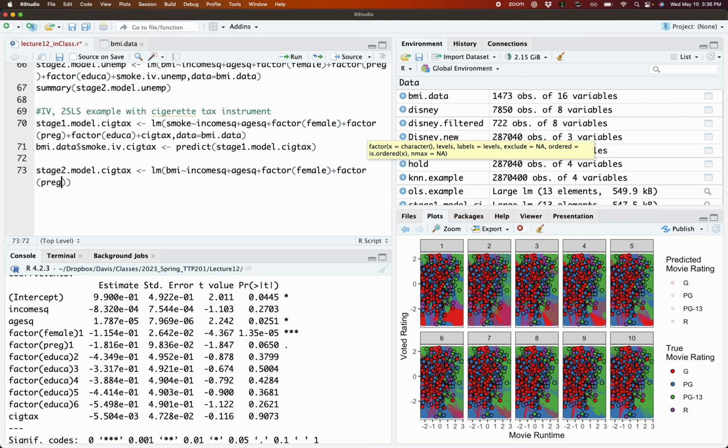The effect of cigarette tax on someone smoking does cause them to go down, but it's very insignificant based on your standard error. You said these standard errors are not right? The second stage won't be correct, but the first stage is.